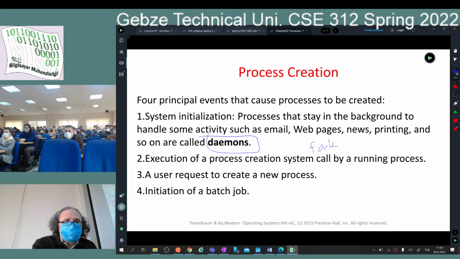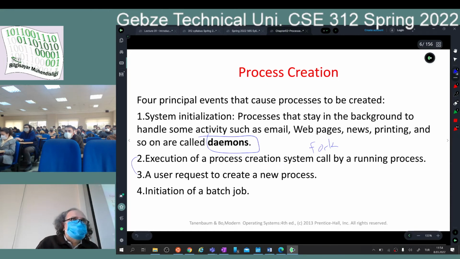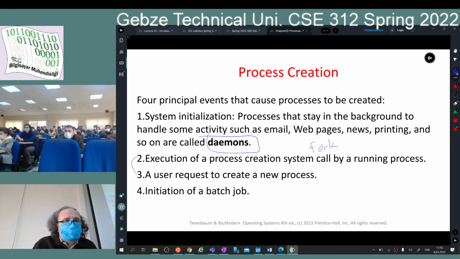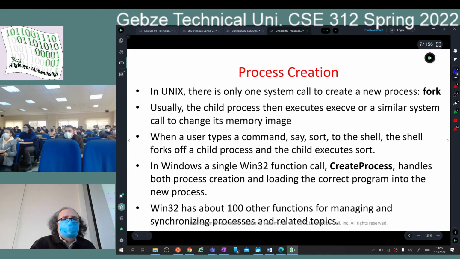The other one might be, well, these two are related: from the shell, I say that I'd like to run this program ls. That is a user request to create a new process. Or sometimes for the batch system, there is a special way of creating a batch. But for most of our systems, Unix type or Windows type operating systems, there is usually one method to make a new process: fork for Unix, CreateProcess for Windows.